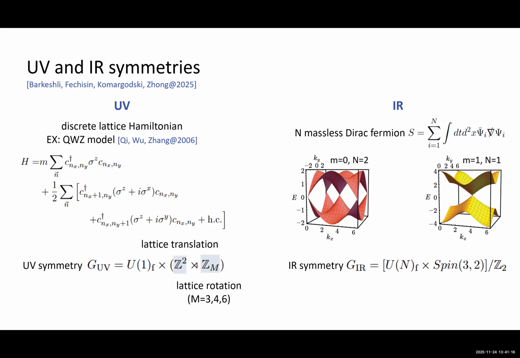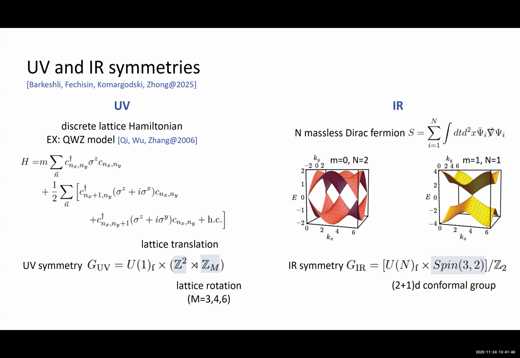The flavor symmetry can be extended or remain the same depending on how many flavors of Dirac fermion you end up with. That is something dependent on the band structure, so you have to do the Fourier transformation, do the math. Now the spatial symmetry for sure gets extended, and for these particular quantum critical points, it gets extended to the 2+1D conformal group.